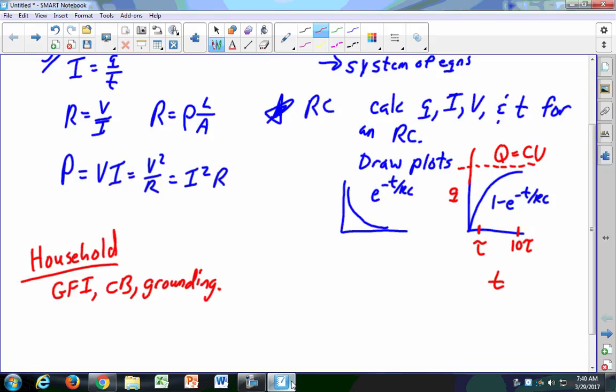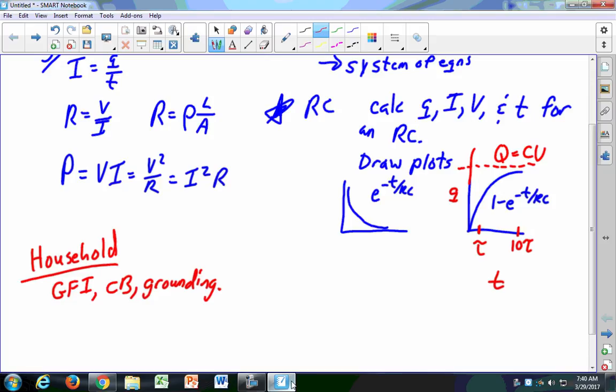You need to know what they do, how they operate, and what they protect you against. So, for example, the GFI turns off if the ingoing current exceeds the outgoing current. And it operates, it has a little ammeter, it just compares those two values constantly. And it protects us against getting shocked when we're in areas that are prone to wetness.